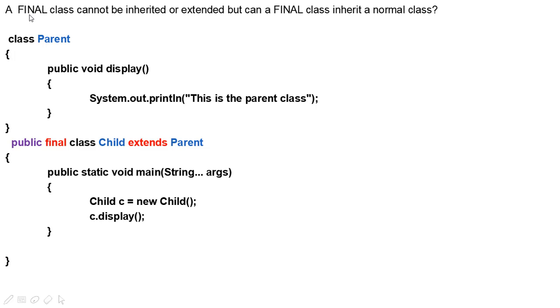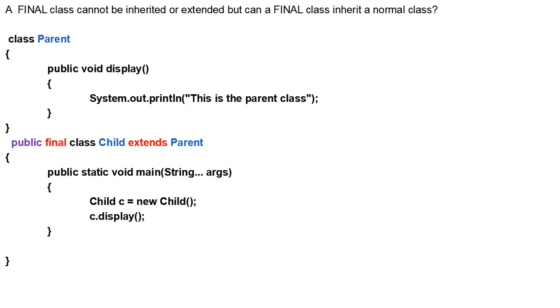So what we have learned is a final class cannot be inherited or extended, but can a final class inherit a normal class? What does this mean? So guys, I want you to know that up till now what we have learned in Java, and what we have read anywhere else on the internet, or what your teachers or your seniors or anybody might have told you about the usage of the final keyword with a class, is that once you use a final keyword with a class, that class cannot be extended.